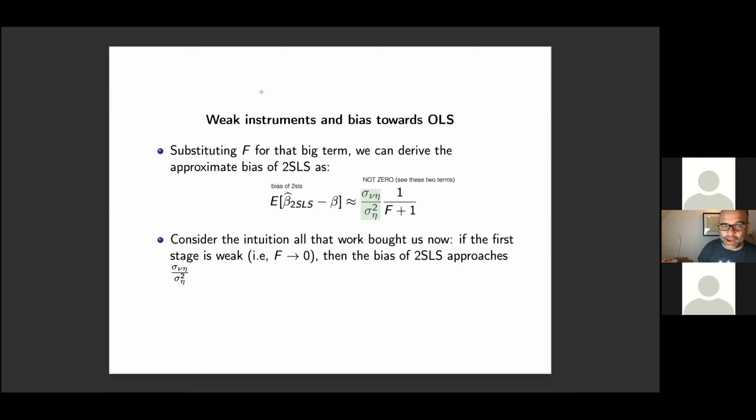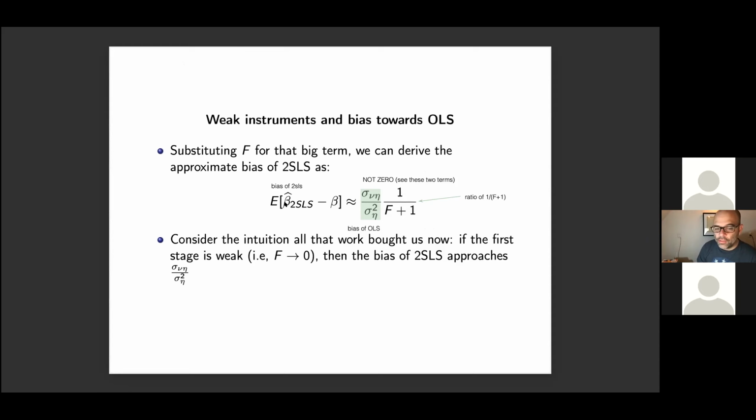We have the bias of OLS, and then we've got this ratio, the ratio of 1 over F plus 1, F being the F statistic. Now look at what this does for us.